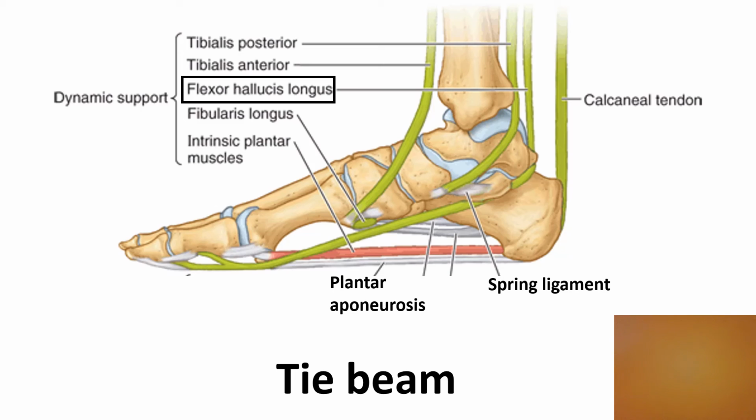It is a long one extending from the back of the leg, then it crosses underneath the sustentaculum tali, supported by the spring ligament. So it is another factor to support the medial longitudinal arch. Then it crosses the medial side of the foot down to the inferior surface of the distal phalanx of the big toe.